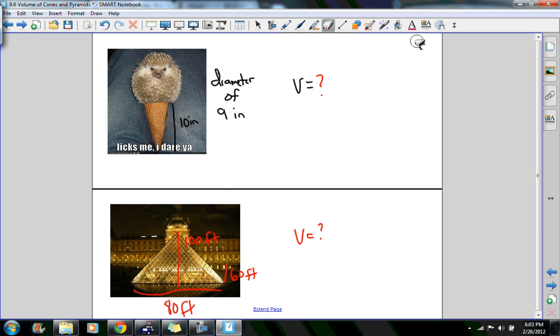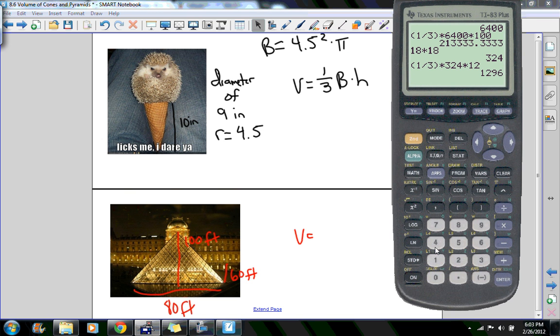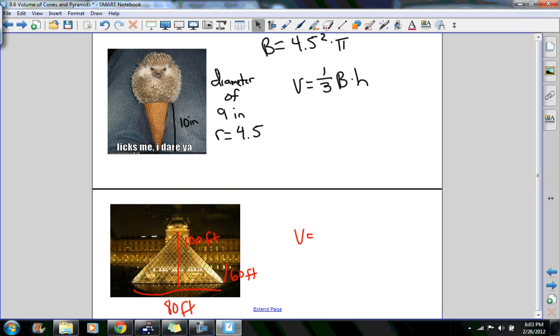Okay, so I'm hoping you gave this a try, and we'll see how we do on each of these. The formula is always going to be 1/3 base times height, and we have to figure out the base. Now it's a cone, so the base is a diameter of 9, so that means our radius is 4.5. So we have to do 4.5 squared times pi, which is 20.25 times pi.